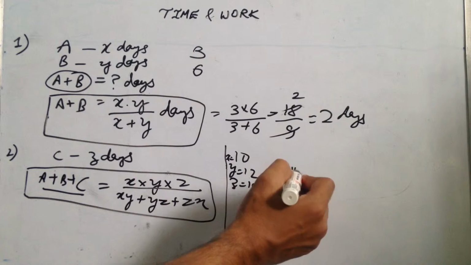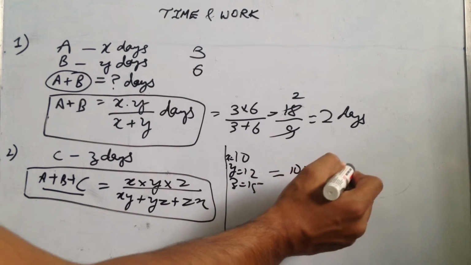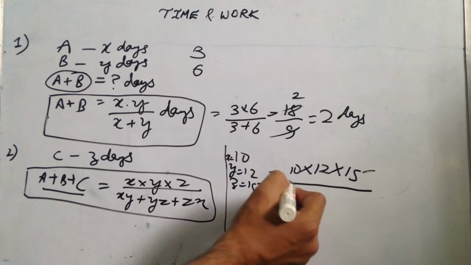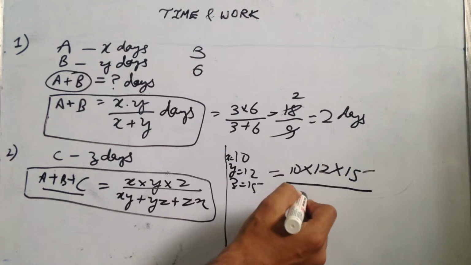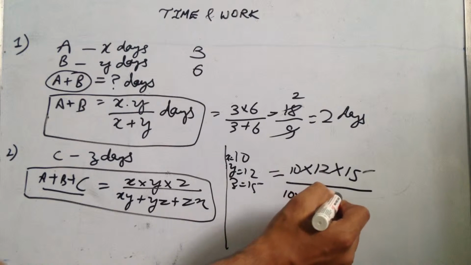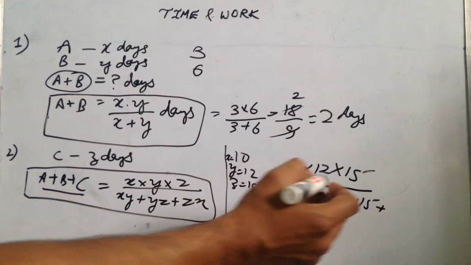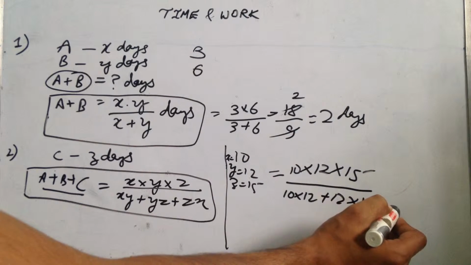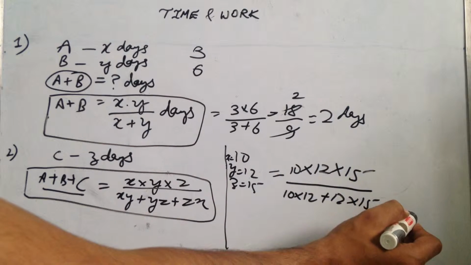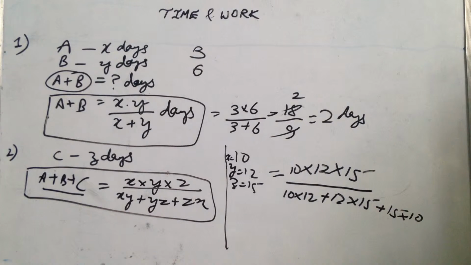So it will be 10 into 12 into 15 divided by 10 into 12 plus 12 into 15 plus 15 into 10.